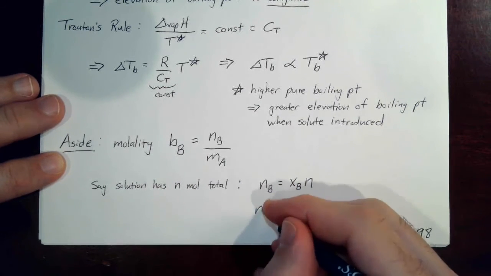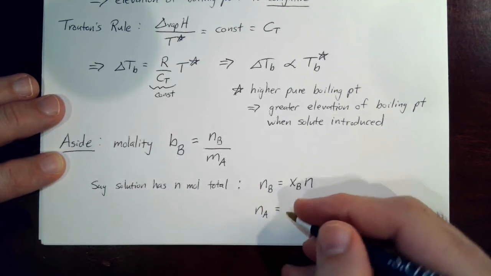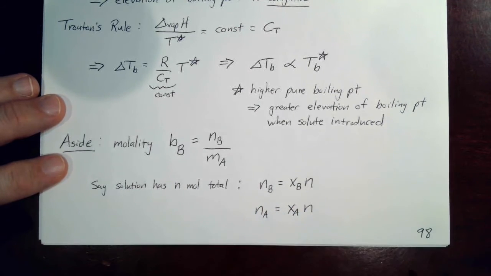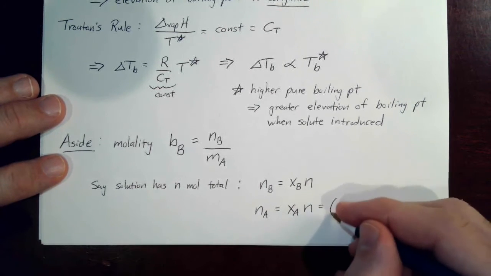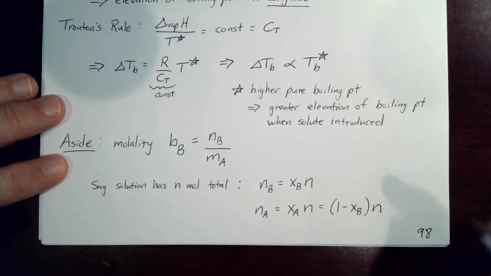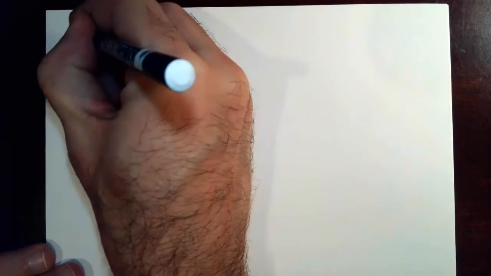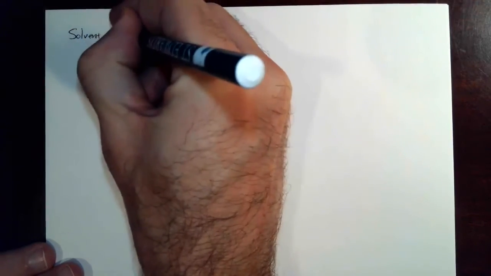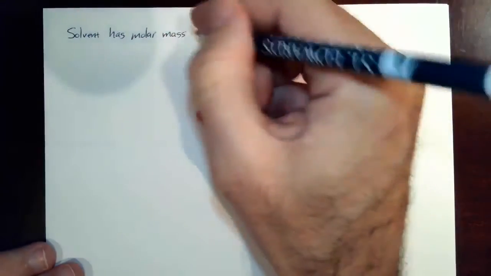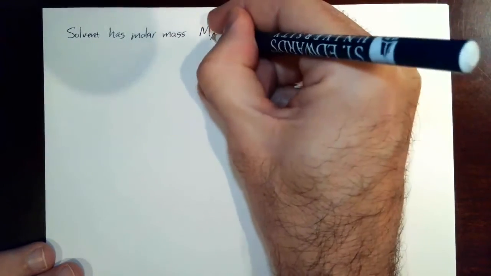And NA, the same way, XA times N. And again, since we're talking about a binary mixture, XA is equal to 1 minus XB. All right, now let's say that the solvent has a molar mass MA. I'll use capital M for the molar mass.